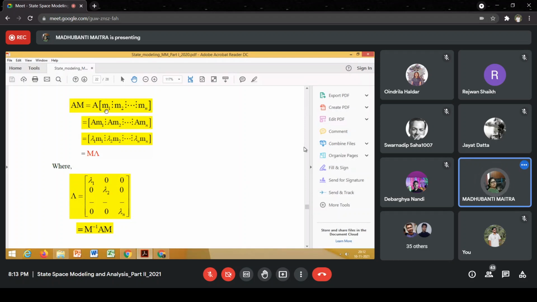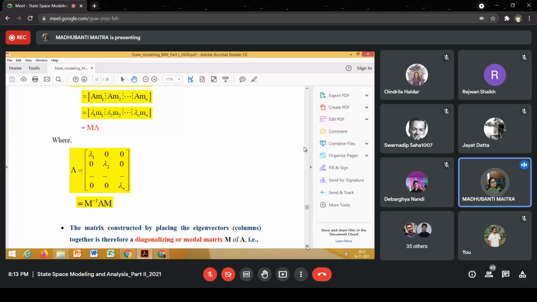So this matrix M1, M2, Mn, or M, as per definition, can be called the diagonalizing matrix or the modal matrix for this given matrix A. And how do we find the modal matrix M, that is M1, M2, Mn?